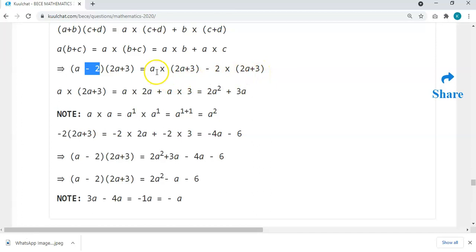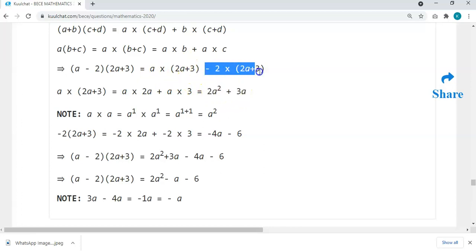This a has a power of 1 and this a has a power of 1, so a times a will be a squared. So we have 2a squared for this part. Then a multiplies 3, which gives 3a. So we get 2a squared plus 3a.